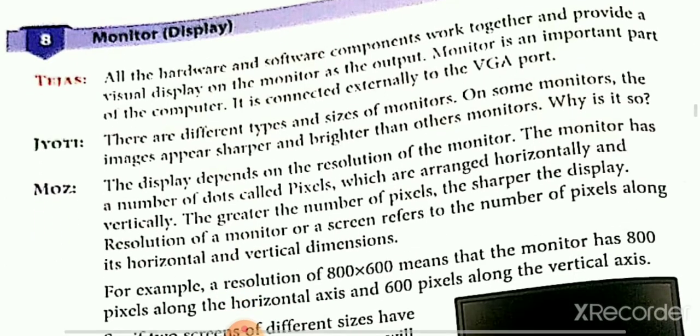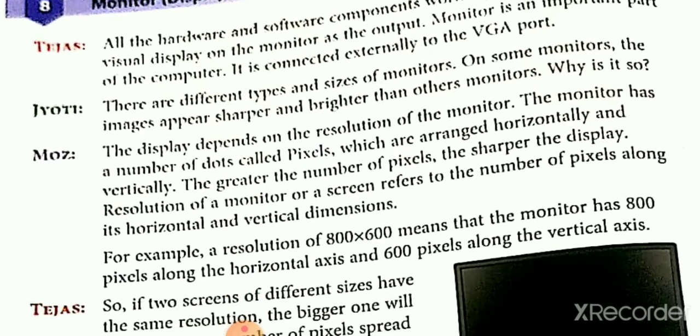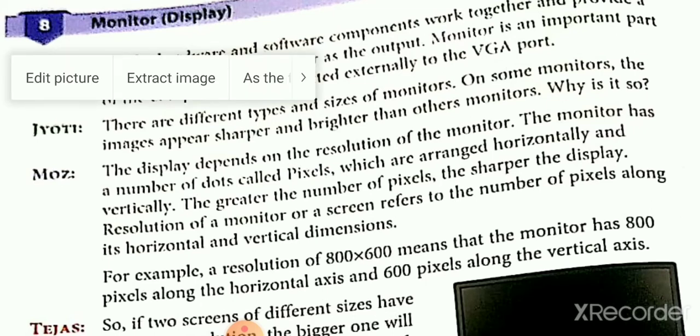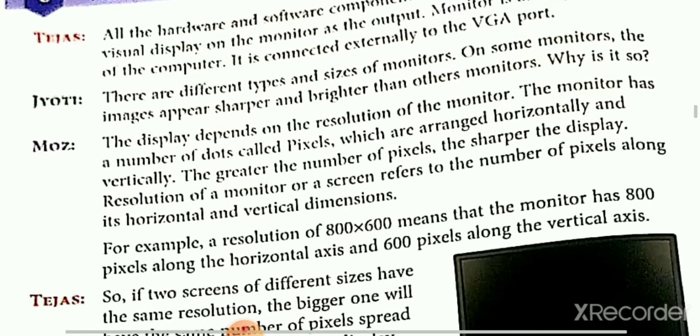And monitor. Do you know what is monitor? Monitor is displayed to our screen. All the hardware and the software components work together and provide a visual display, means VDU, visual display unit, on the monitor as the output.